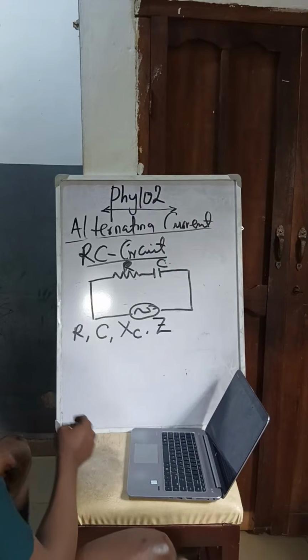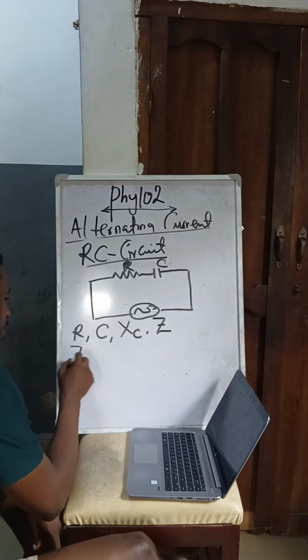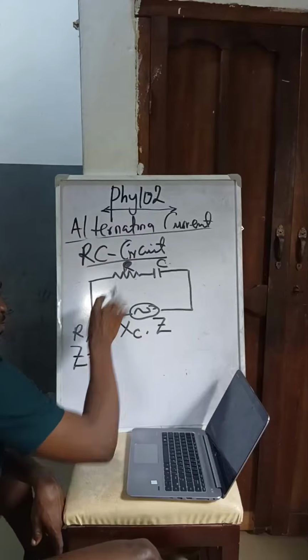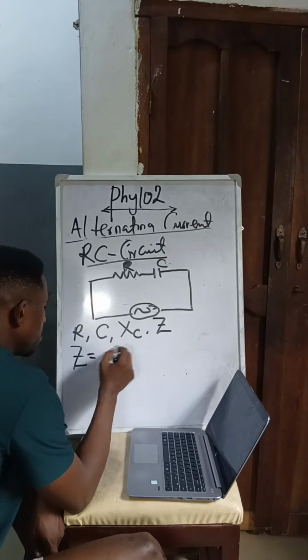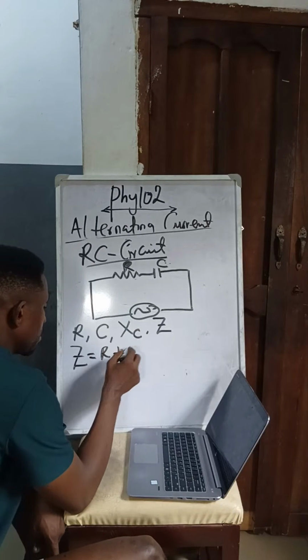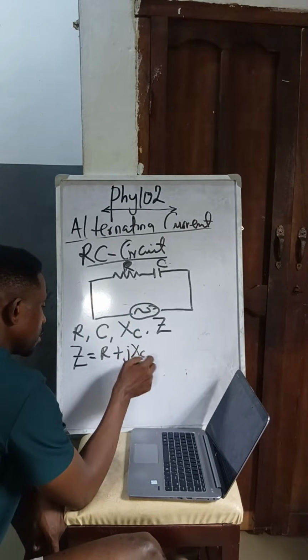Impedance here is the overall opposition offered by the circuit, which is R plus JXC.